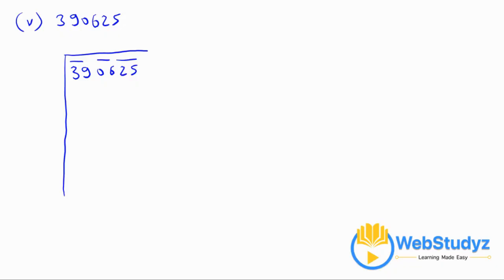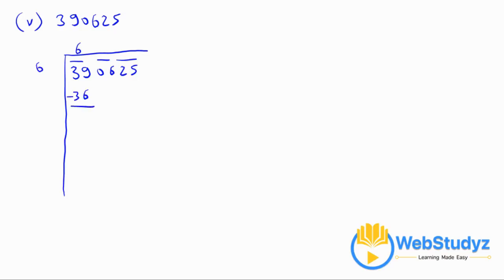Now move on to the fifth one, which is 390625. First making the pairs of this and applying the division method, we have 36, which is 6 squared.